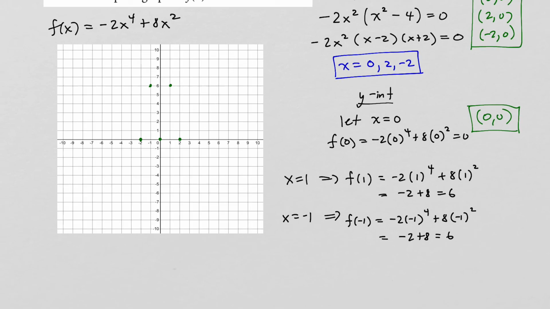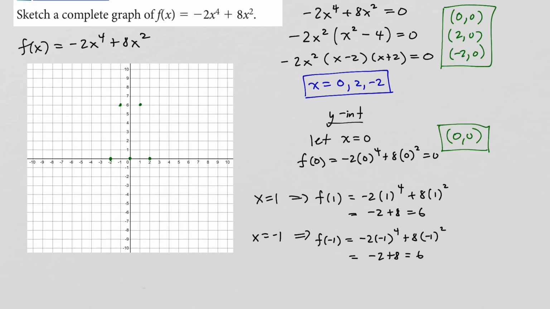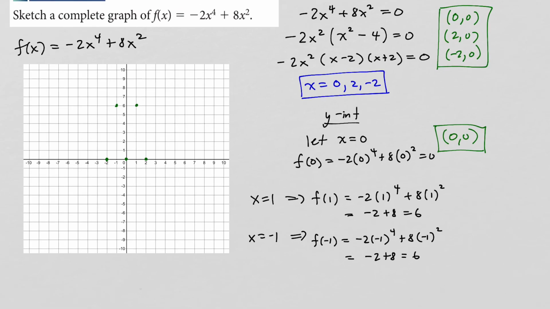So let's talk about multiplicity. You can see that the x-intercept 0 has a multiplicity of 2. So what that means is that the graph simply touches at x equals 0, but the other two x-intercepts, positive 2 and negative 2, those have multiplicity of 1, right?